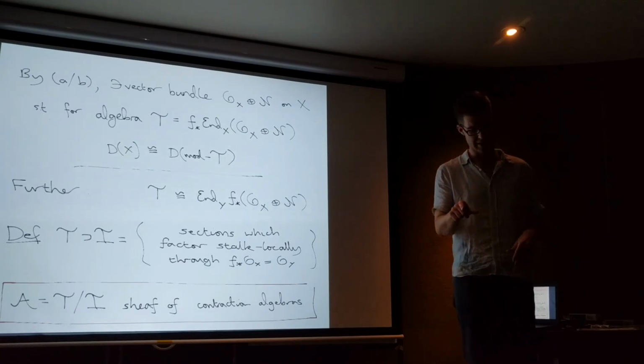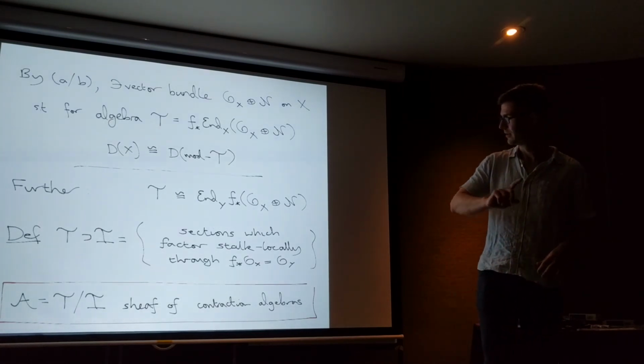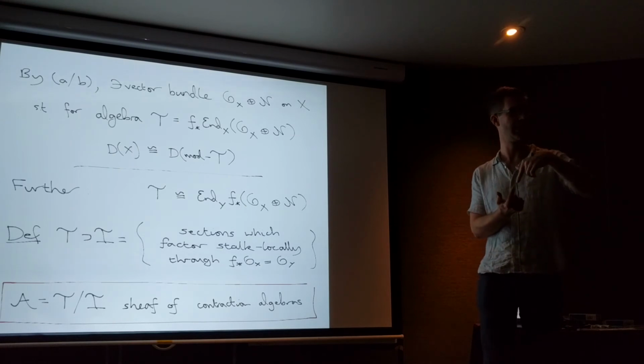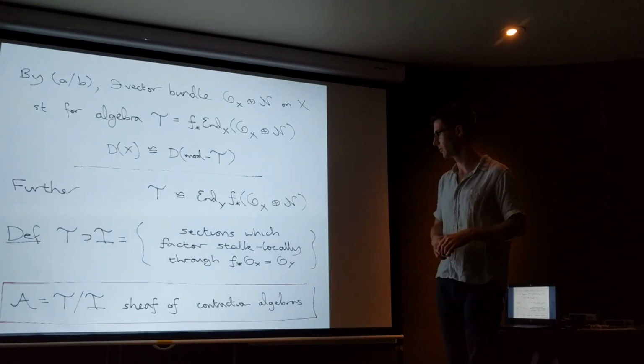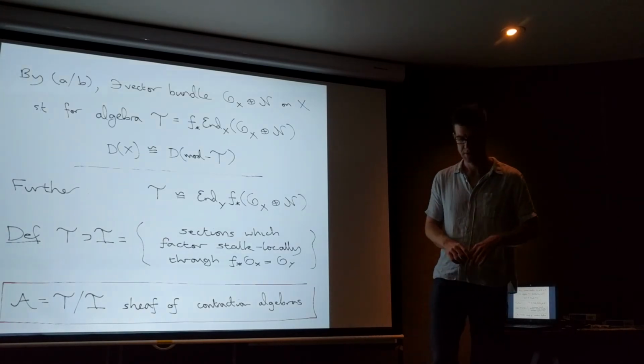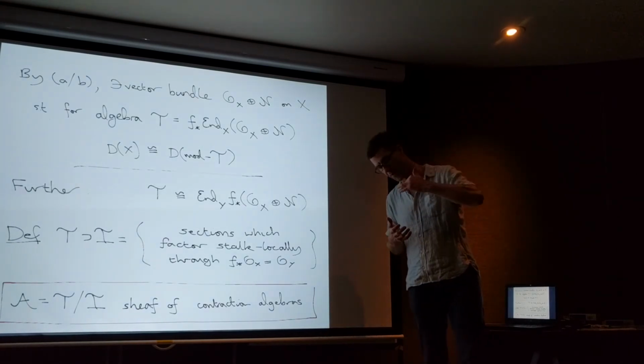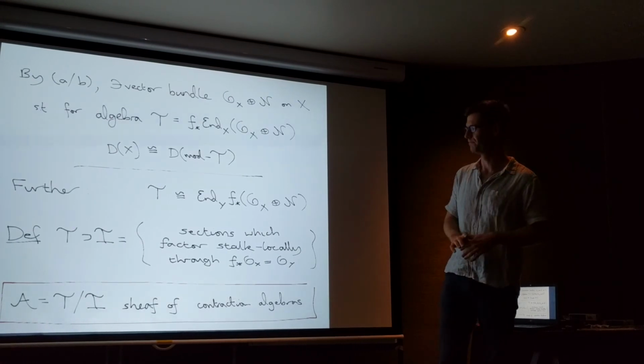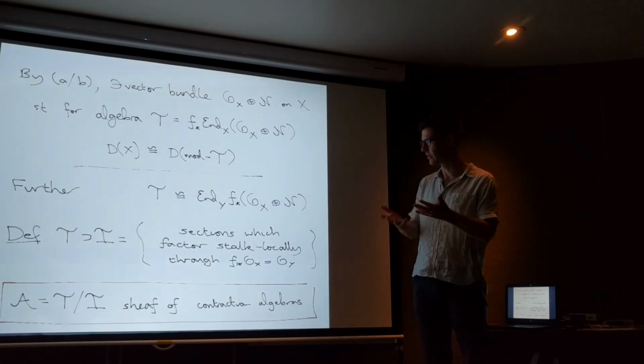If I look at sections of that sheaf such that locally at each stalk they factor through the structure sheaf of Y, some number of copies of the structure sheaf of Y, then that gives a two-sided ideal.